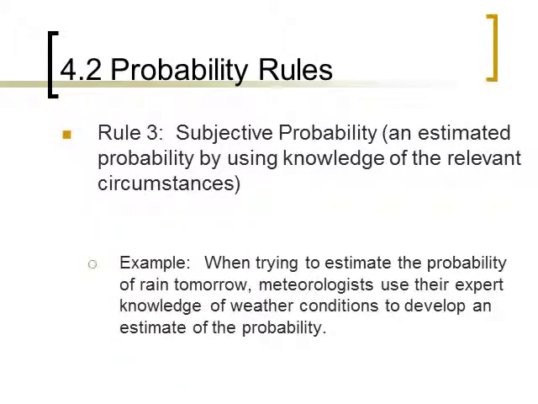And then there's another type of probability that we have always seen discussed if we check the weather in the newspaper or watch the meteorologist on TV, and that's a situation that uses subjective probability. In subjective probability, they estimate the probability that something will happen by taking information of relevant circumstances and applying it.